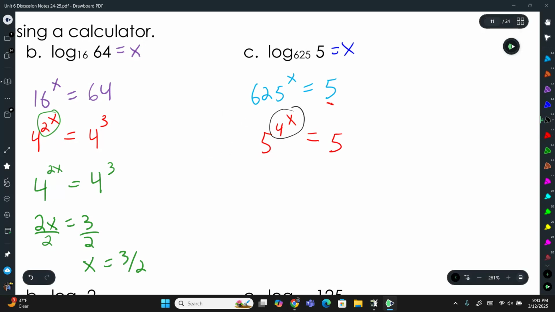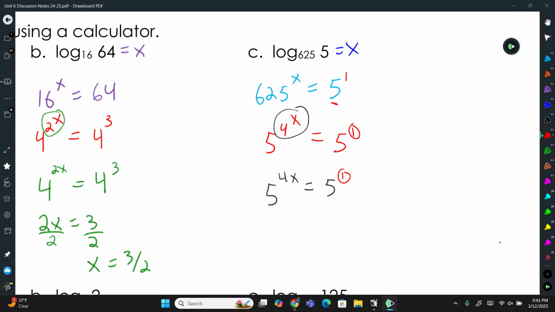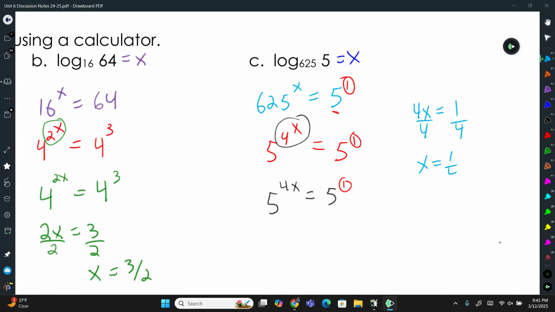And again, we can multiply these. So 5 to the 4x equals 5. Now, what is the exponent on just this 5? Well, it's an invisible 1. It's always an invisible 1 if we don't see anything. So we have our base is the same, so we can say 4x equals 1. Divide both sides by 4, x equals 1/4.